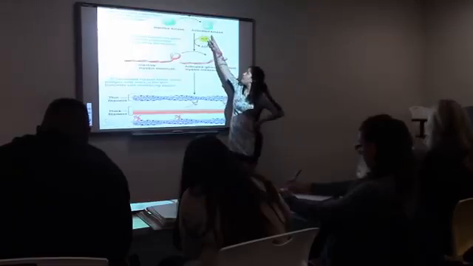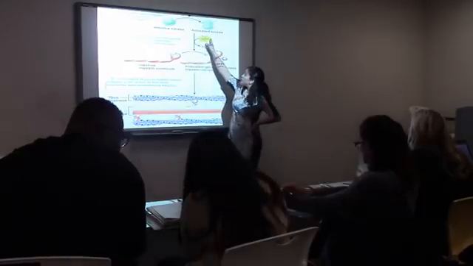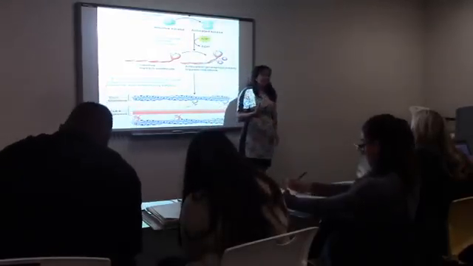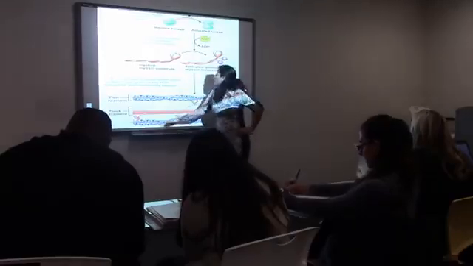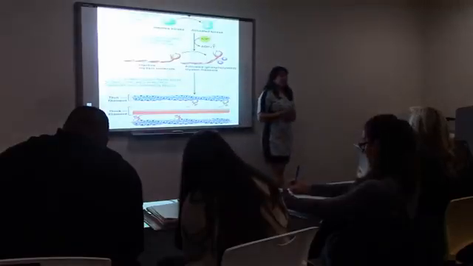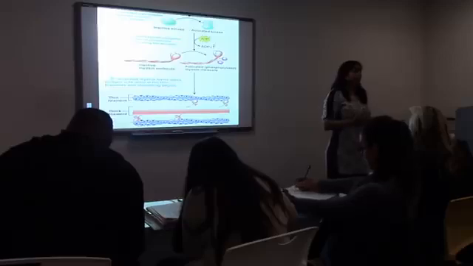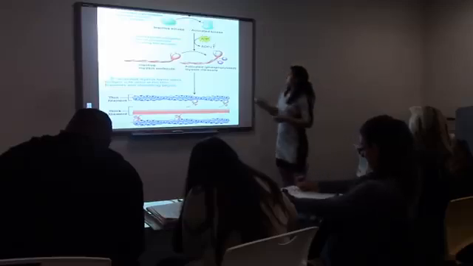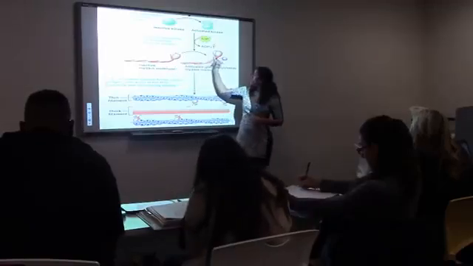So now we have myosin light chain kinase activated, right? What is the function of myosin light chain kinase? It takes ATP and converts it to ADP and Pi.